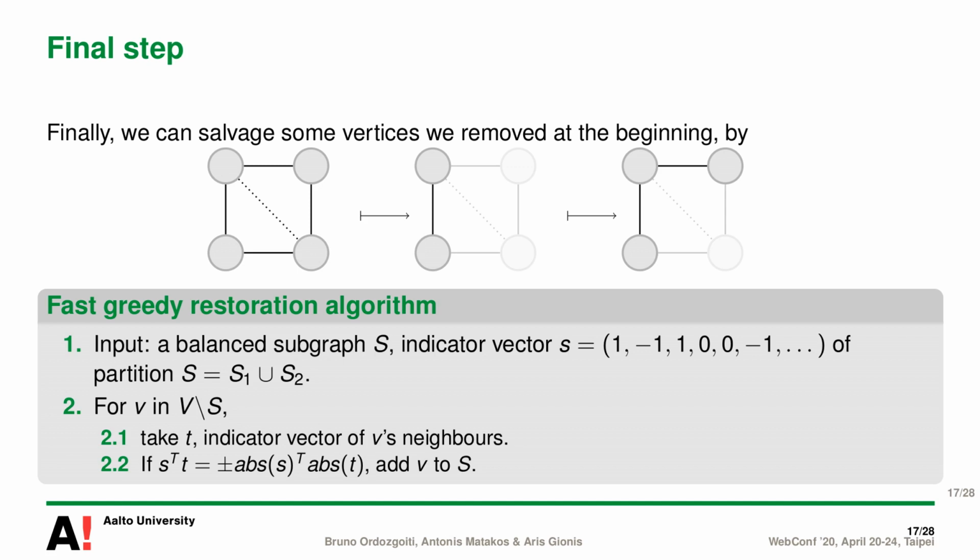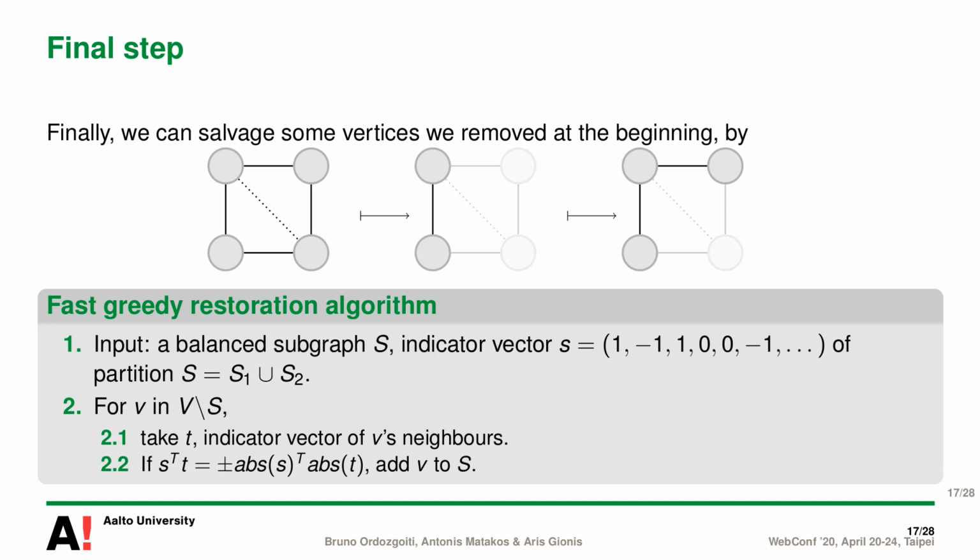And finally, once we have found a balanced subgraph, we can restore some of the vertices that were removed early on, because they did violate balance in the beginning, but maybe now they are no longer involved in negative cycles, so we can add them to the graph again.